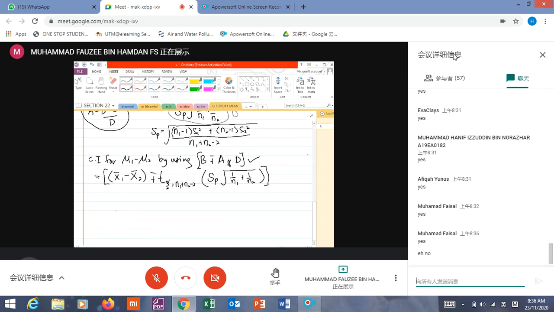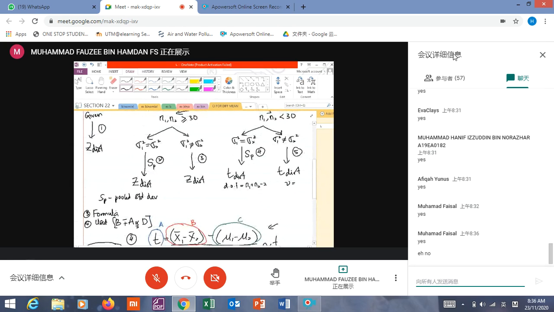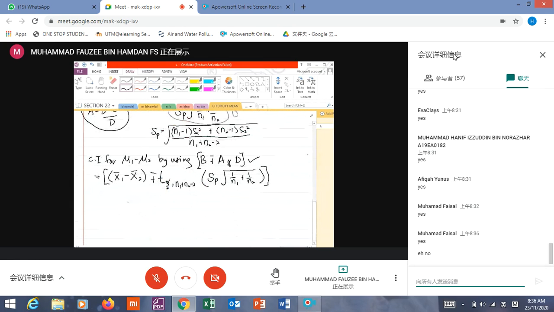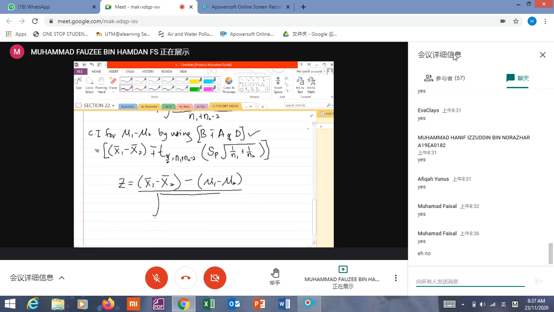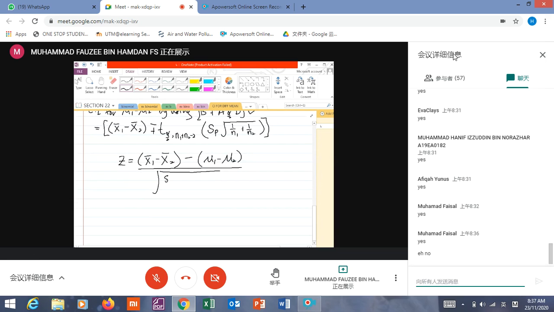Now try to construct the confidence interval for this one. Let's say the formula is Z equal to X bar 1 minus X bar 2 minus mu 1 minus mu 2 over the square root of s1 squared over n1 plus s2 squared over n2.